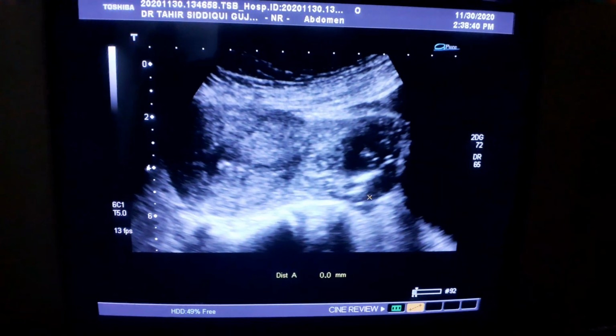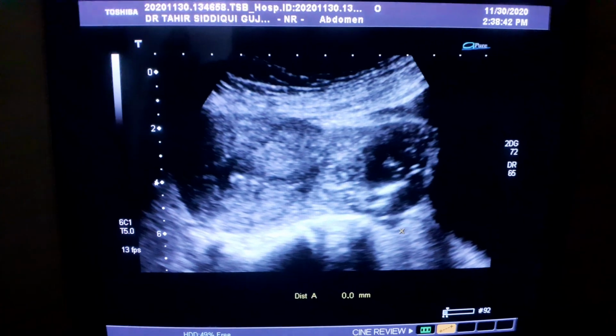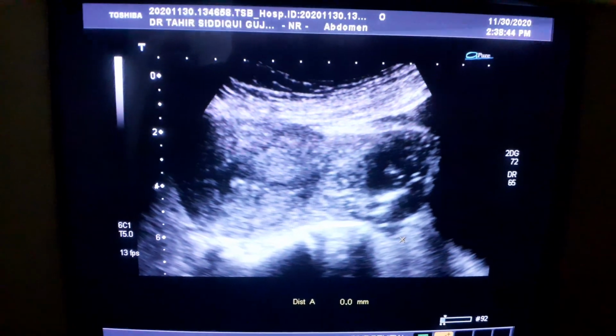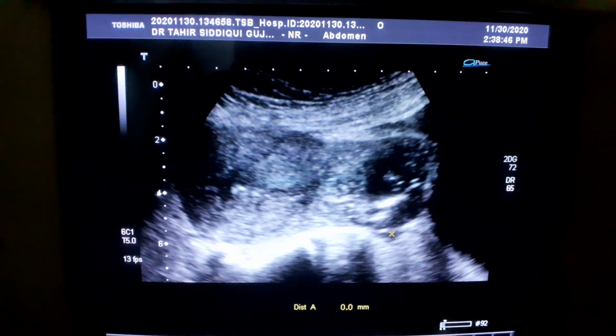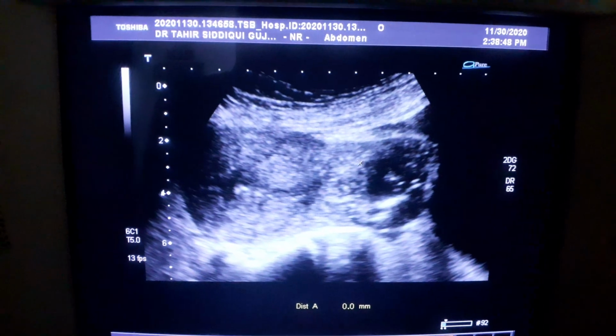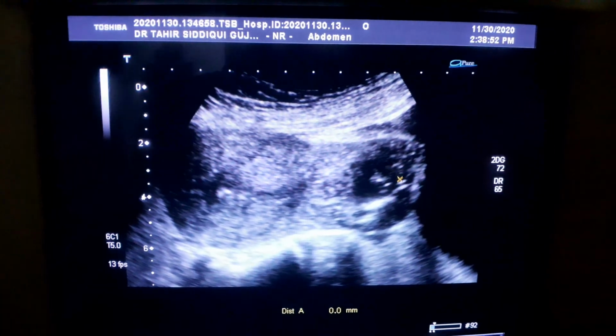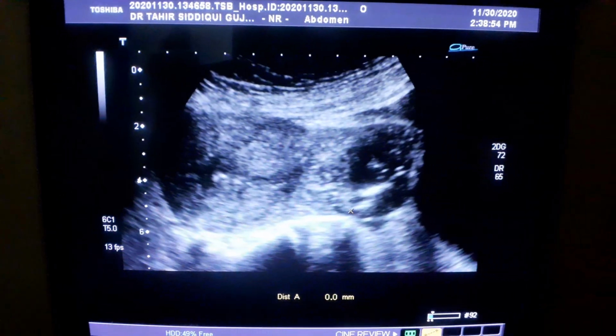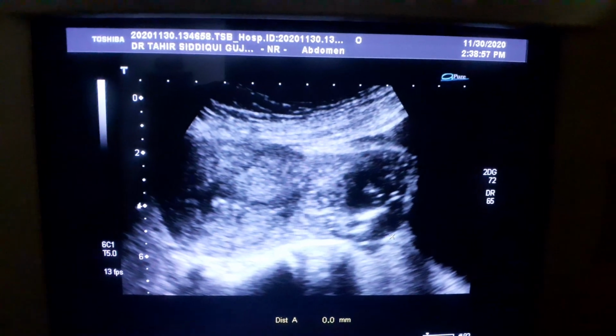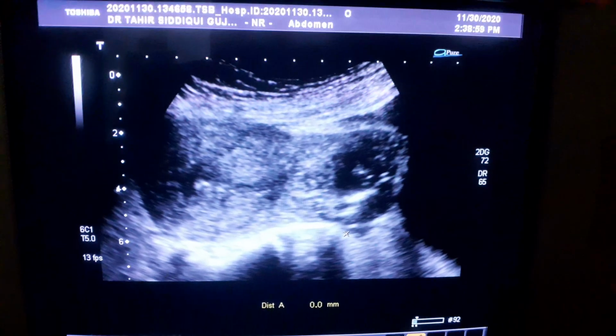And as she had been taking a lot of antibiotics, even now she is on high potency antibiotics, this is something that I will consider as an abscess, though we don't see any posterior shadowing.